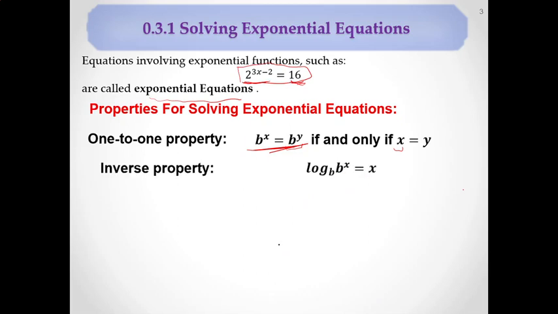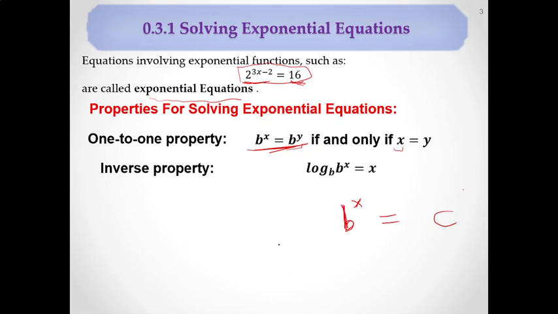And the other property is the inverse property. Think of it this way. You have b to x equal to c, and you want to get rid of b.